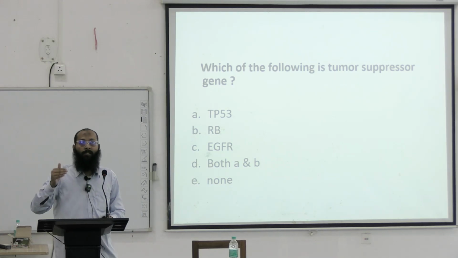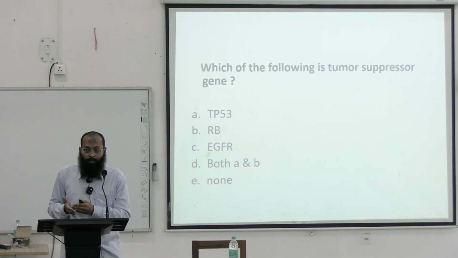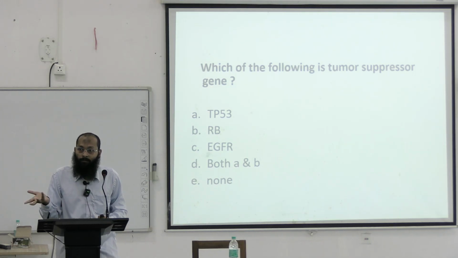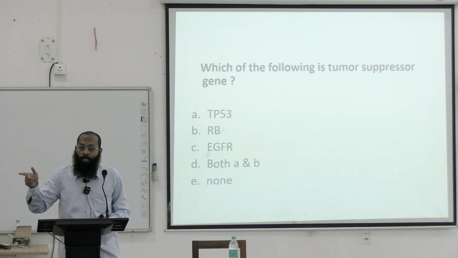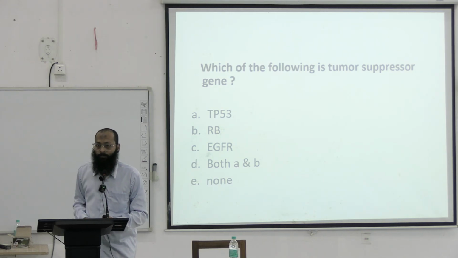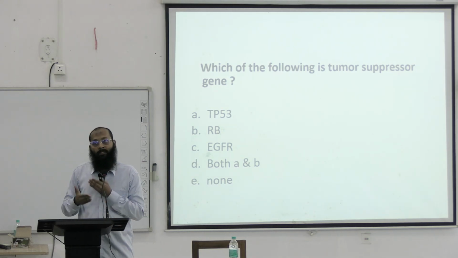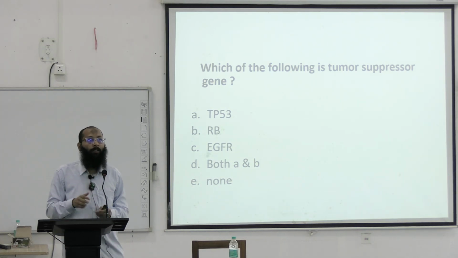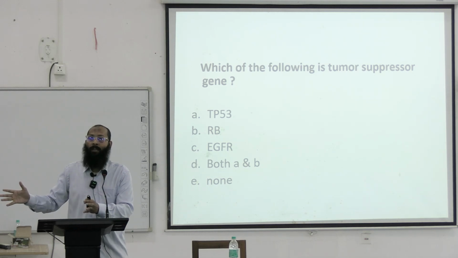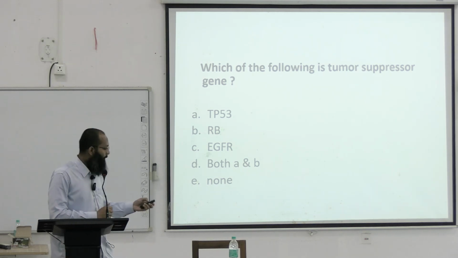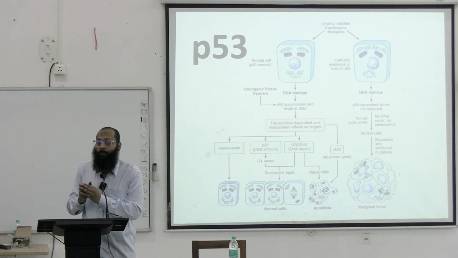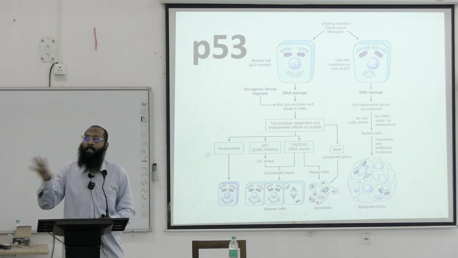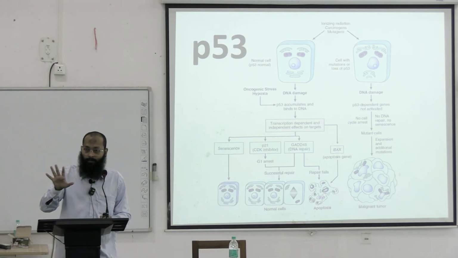But once it is phosphorylated by ATM and ATX protein, whenever they detect some mutation in the genome, they immediately start phosphorylating the p53 protein, and because of this phosphorylation, the p53 gets separated out from the MDM2 and its degradation gets inhibited, resulting in its accumulation in the cell.